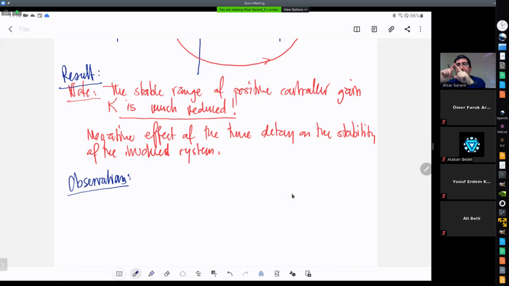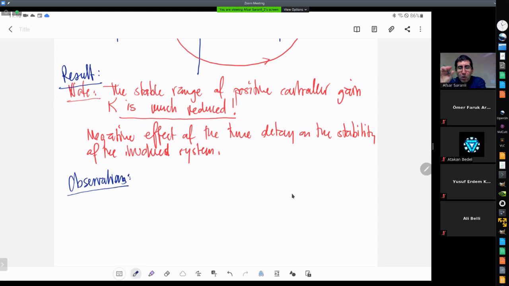So the delay can be introduced from the controller to the plant. The delay can be introduced from the plant to the output, or the delay can be introduced from the output to the measurement, or from the measurement to the controller. Okay, as long as the delay is along that open loop path, the algebraic effect is the same, because it just comes in as a multiplier factor.